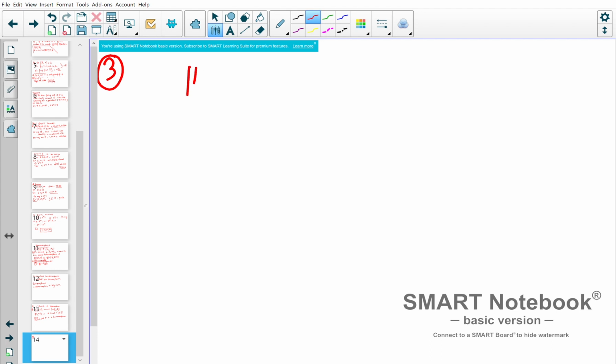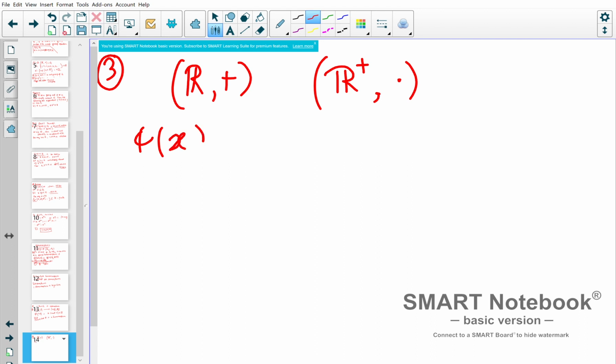Suppose we have R with respect to the plus operation and another group, R plus, with respect to the multiplication operation. Here I define my phi by this symbol: I choose an element x and map it to e power x.